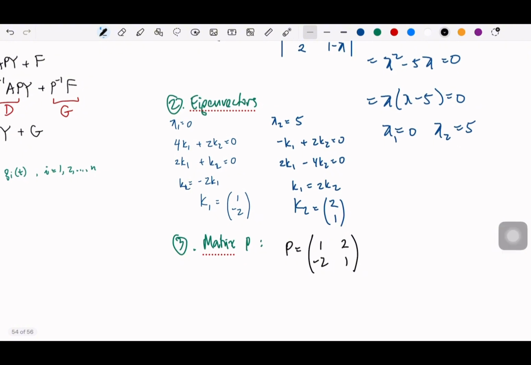And find the inverse of this matrix P. The P inverse will be 1 over the determinant. The determinant will be negative 5.